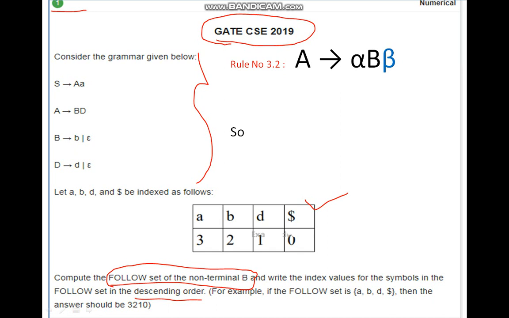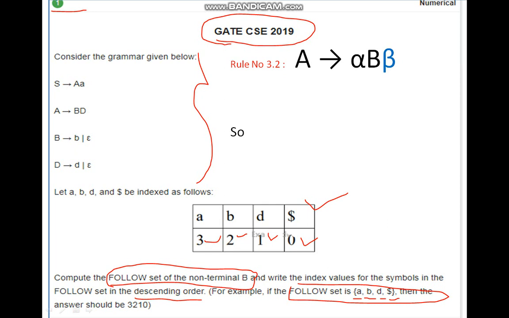Suppose you got the follow set A, B, D, dollar. Now they have given you code for each terminal. That means 3 for A, 2 for B, 1 for D, and 0 for dollar.